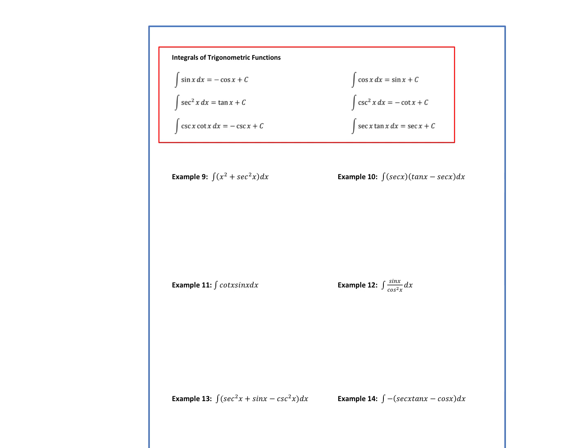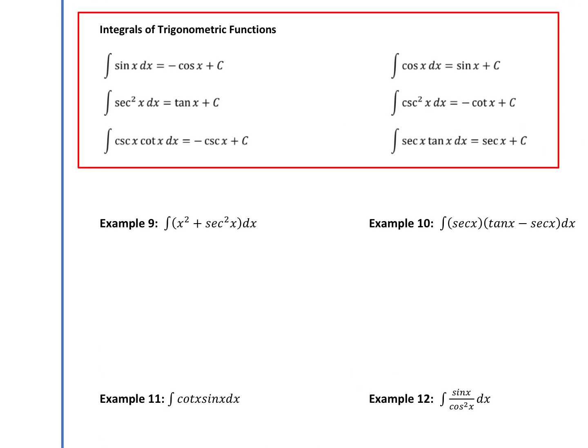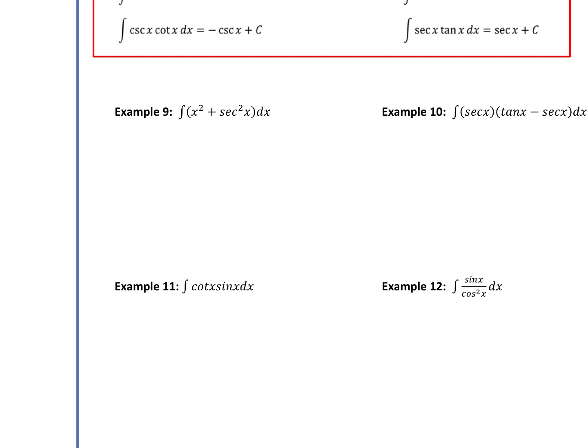So we're going to get x cubed over 3, and integrate secant squared, you're going to get tangent. So plus tangent of x plus c.